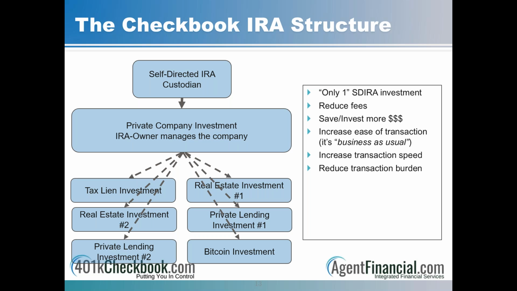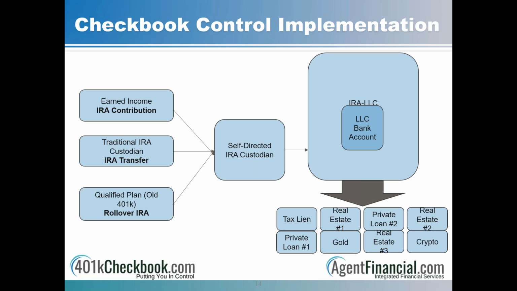So now that we've got a solid overview of how this works, let's see the anatomy of transacting and the flow of cash. When we implement these, there are a couple of pieces that have to fall into place.